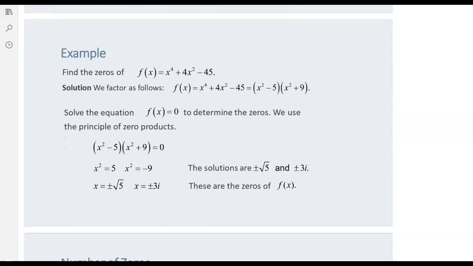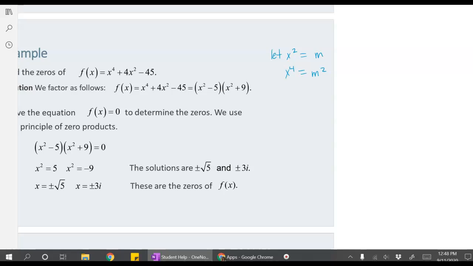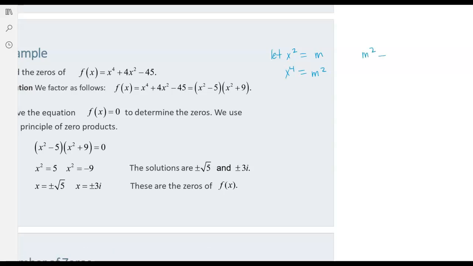For this one, which is raised to the 4th power, the way to think about factoring this is to actually make a variable substitution. Let's let x squared equal m. So then x to the 4th power is m squared. So I could rewrite this as m squared plus 4m minus 45.